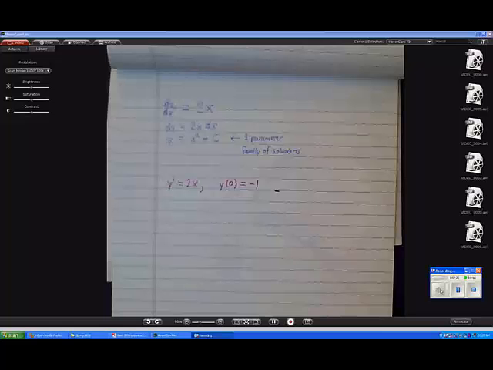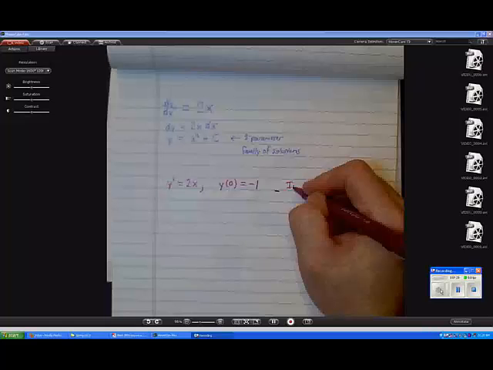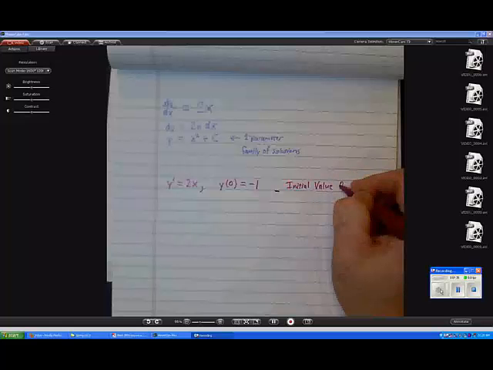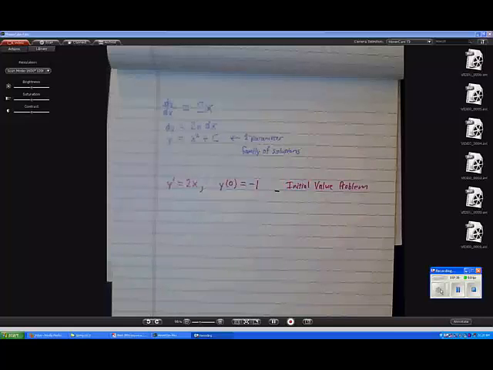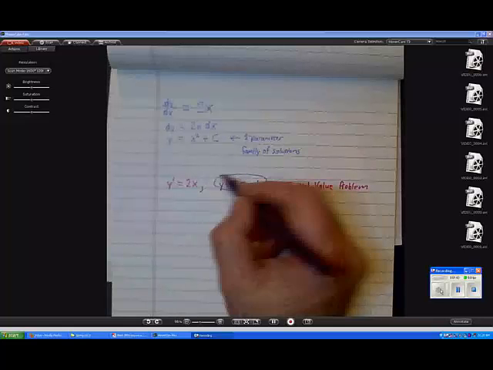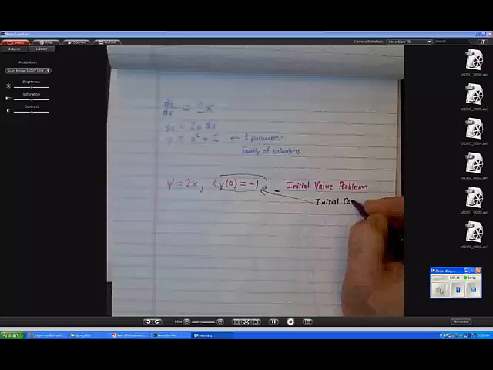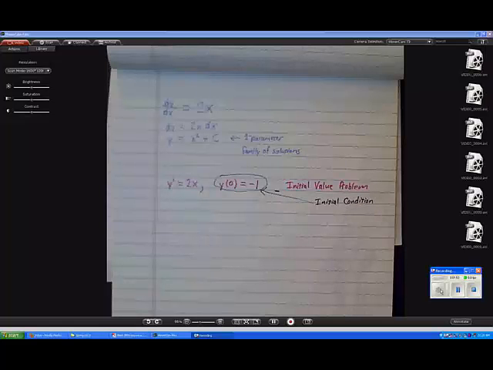This is called, yes, this is an initial value problem, and you're right, this little piece of it is called an initial condition. That's right. Okay?